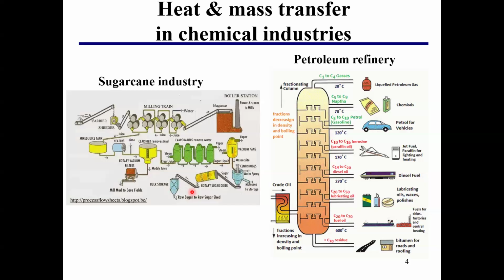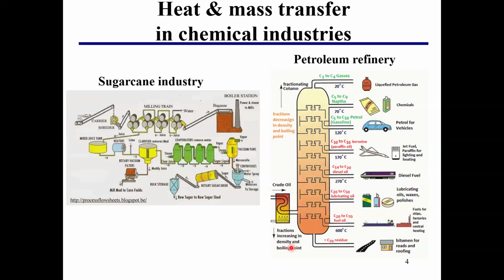And another classic chemical industry is a petroleum refinery. And at the heart of a petroleum refinery is a distillation column. This distillation column is used to fractionate the different products that are present within crude oil.